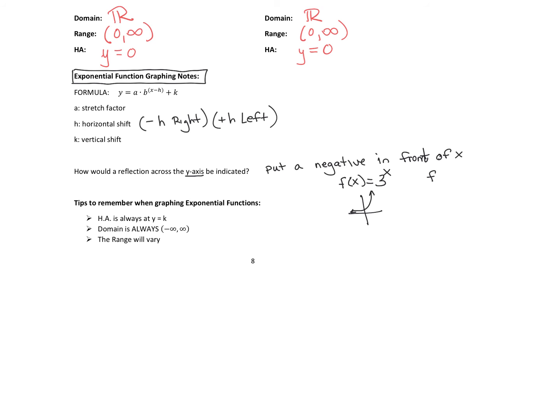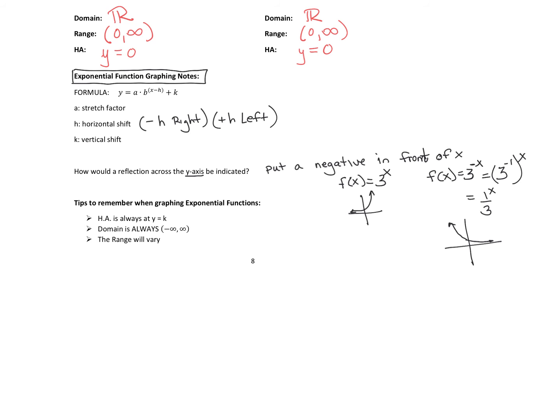If I say f of x equals 3 to the negative x, another way I could write that is 3 to the negative 1 to the x, or alternately 1/3 to the x. And that graph is just a reflection across the y-axis of the previous graph. So keep that in mind.